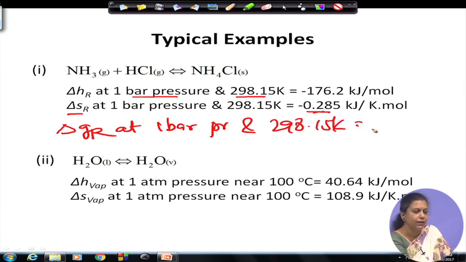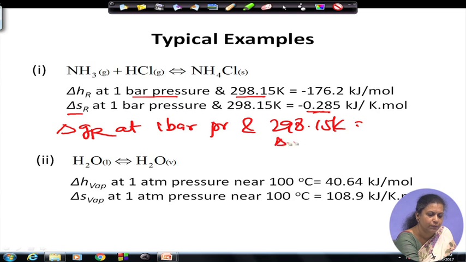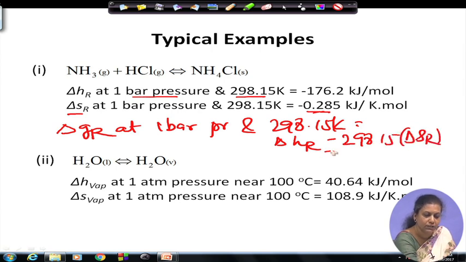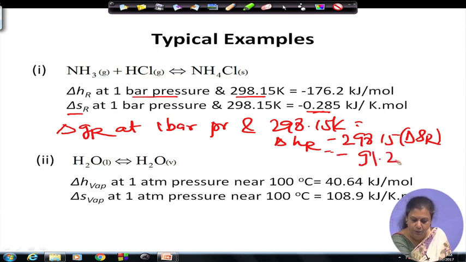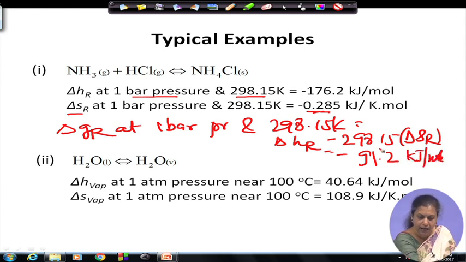It is not difficult, you can just find it out by calculating delta Hr minus 298.15 into delta Sr. What is the value that you get under this condition? We find that the value is minus 91.2 kilojoules per mole under this condition.